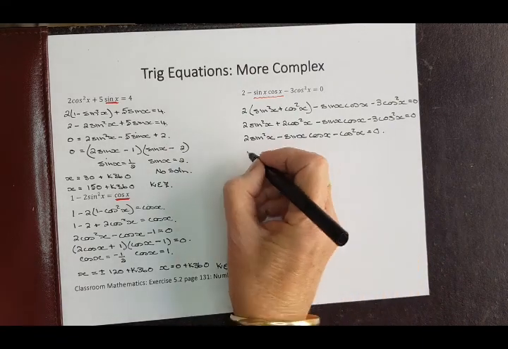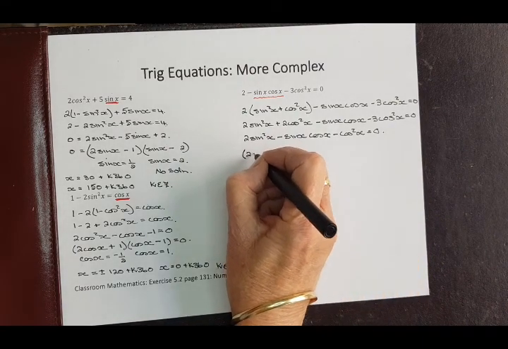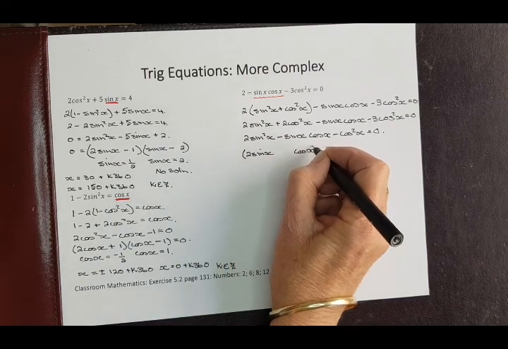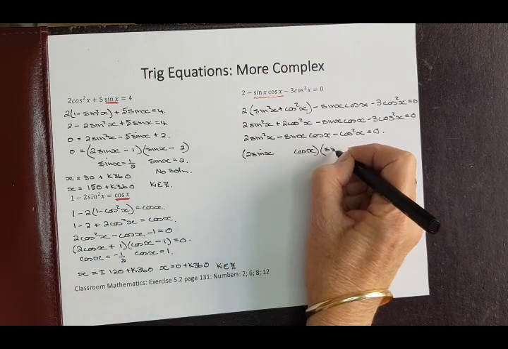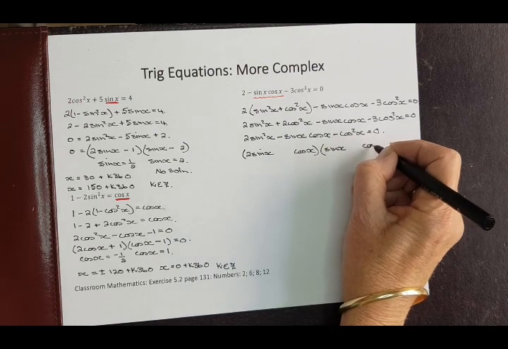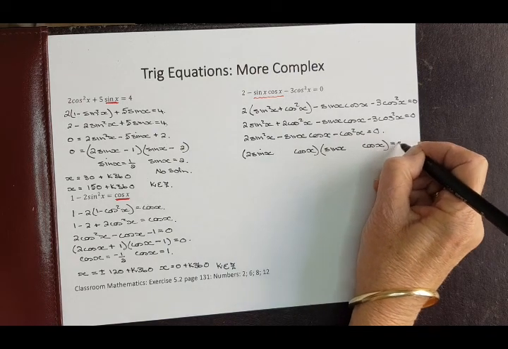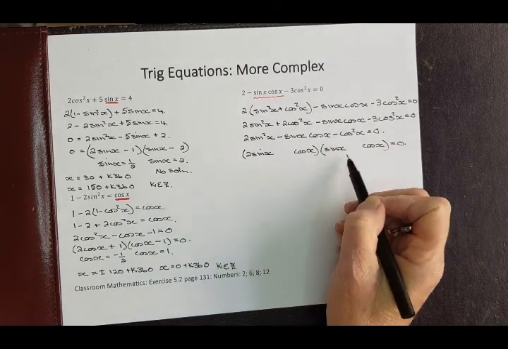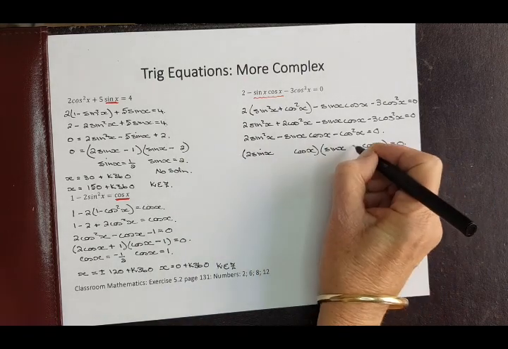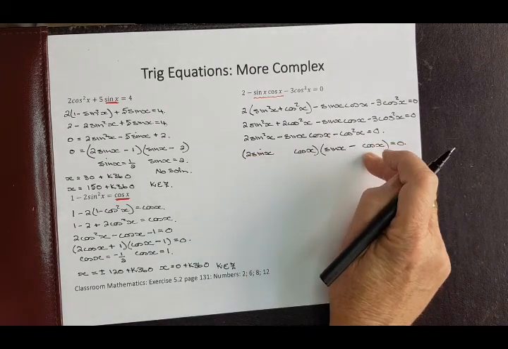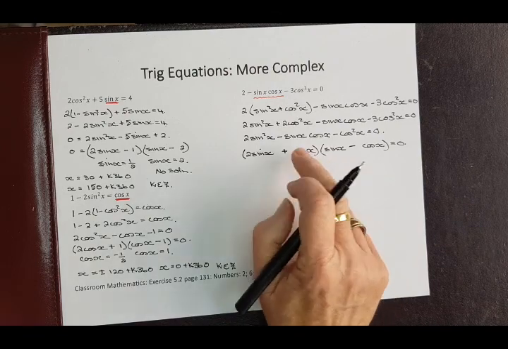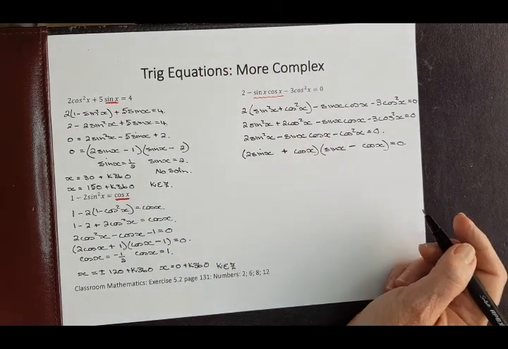When I factorize this, I get 2 sine x and a cos x. Here I have a sine x and a cos x. I want to land up with a minus 2 sine x cos x and a plus sine x cos x to get that middle term over there.